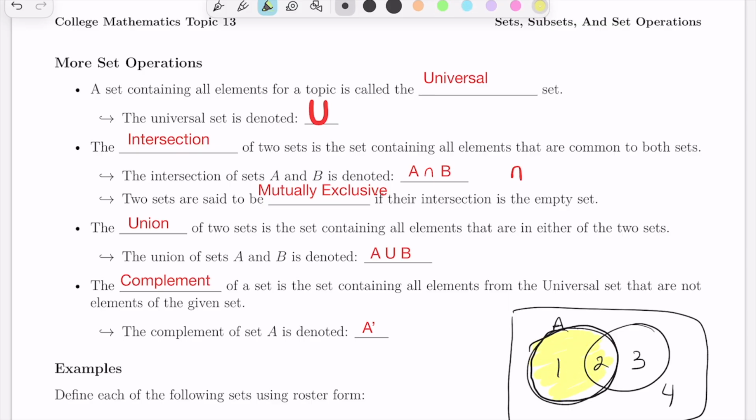And in my set B, I have 2 numbers, a 2 and a 3. It just so happens that 2 belongs in both sets. So 2 would be in the intersection of these 2. In other words, back to what we did a minute ago, A intersect B would actually be the number 2.